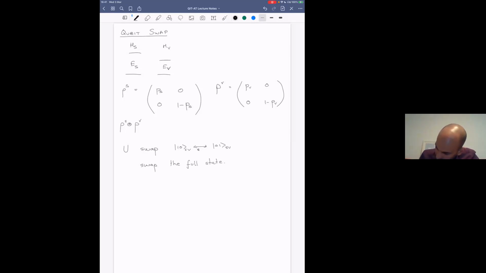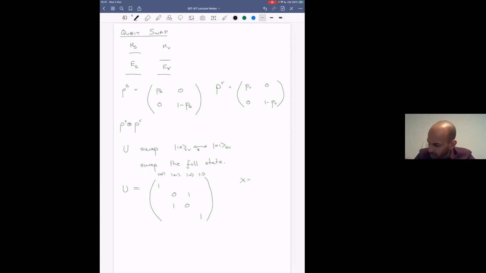Okay, so this unitary is given by the following matrix. It's 1, 0, 1, 1, 0, 1. So remember again, 0, 0, 0, 1, 1, 0, 1, 1. So this is effectively the 2-qubit generalized form of the X operator.